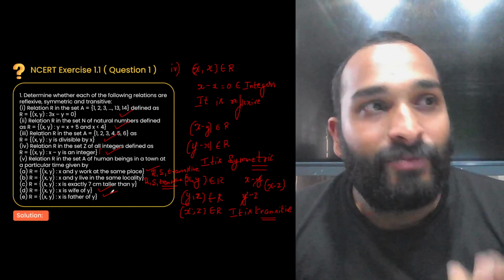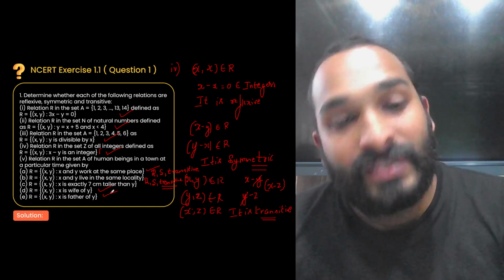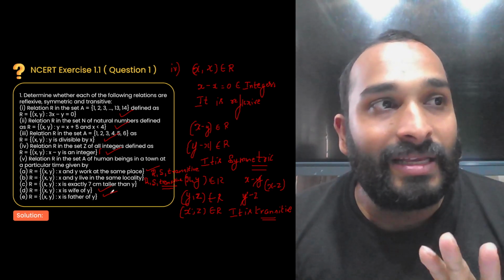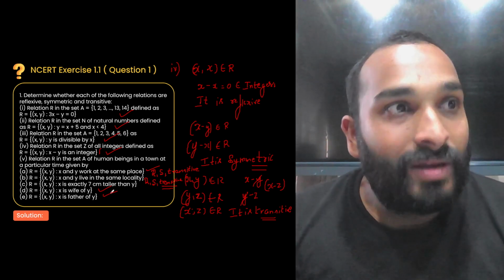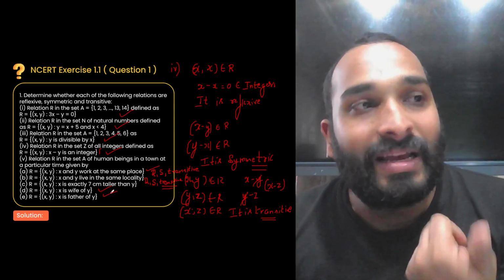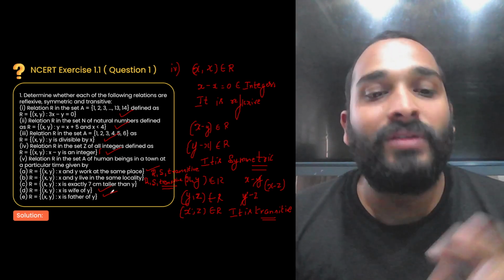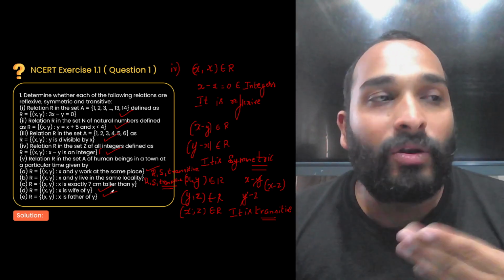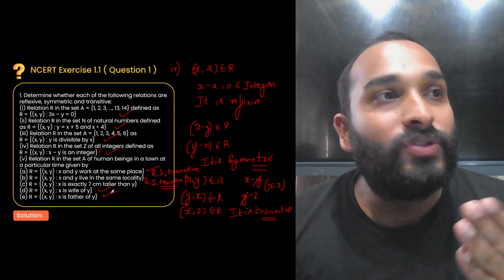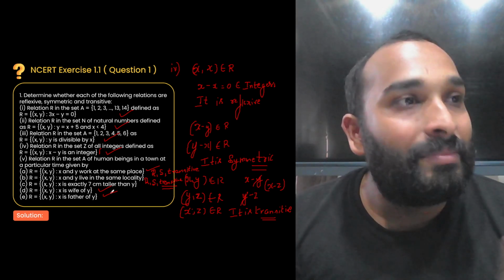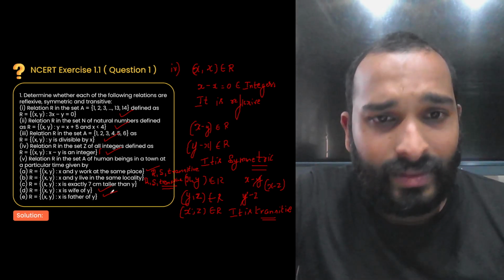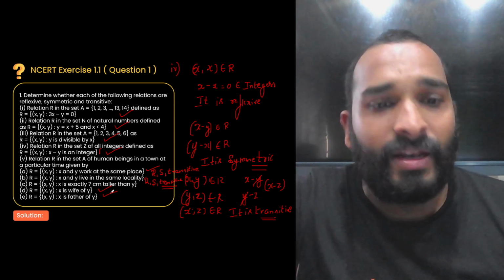If x is the wife of y and y is the wife of z, is that possible? No. So in that case, what do you write? This is neither reflexive, nor transitive, nor symmetric. Yes, because it cannot be compared. You cannot take it as transitive also. It is not reflexive also. It is not symmetric also. Right, children? Understanding? Yes.